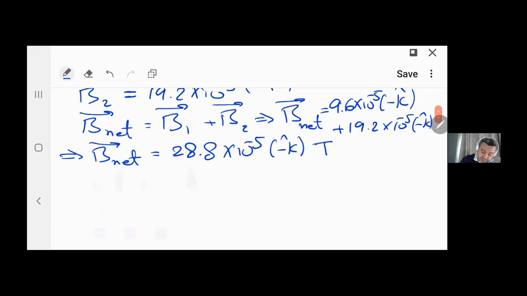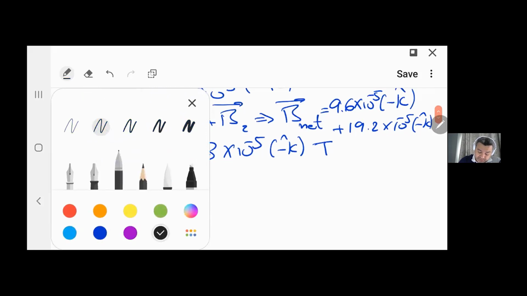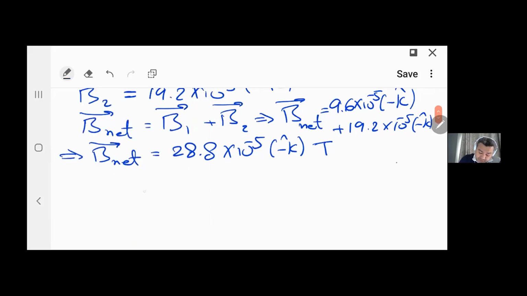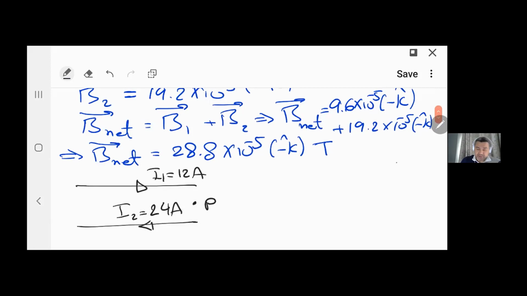Now, due to the symmetry, if I am to cut those two infinite wires right here, and I only consider the left part of the wires, where this one is still I1 equals 12 amperes, and I2 equals 24 amperes.